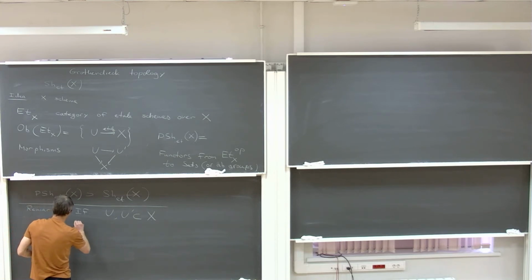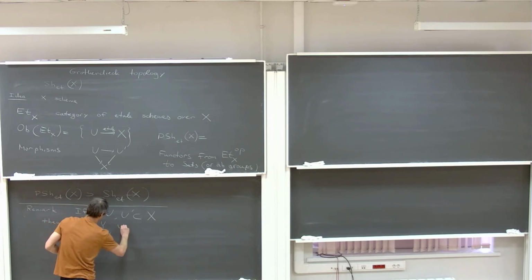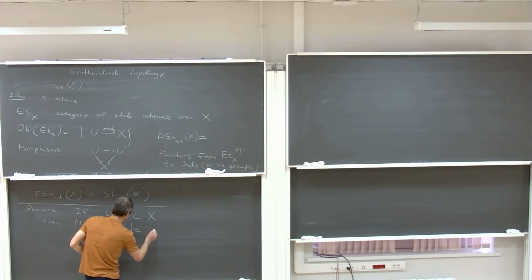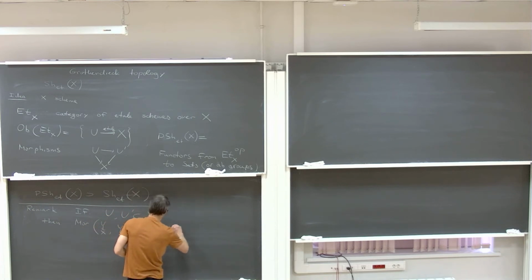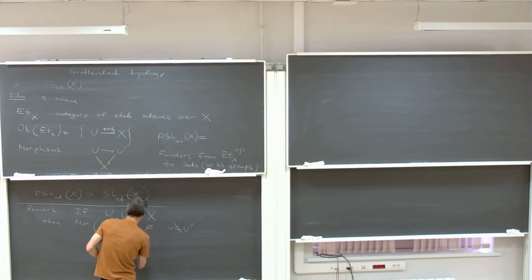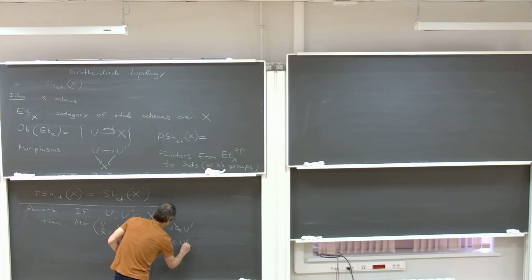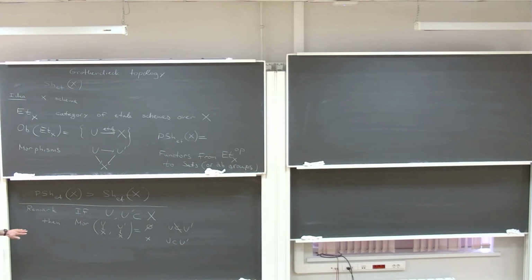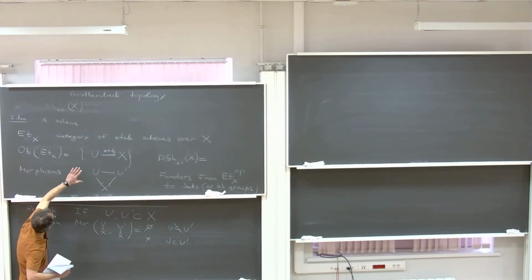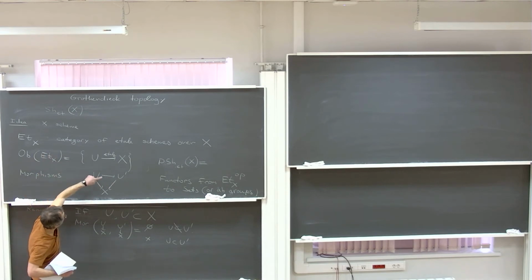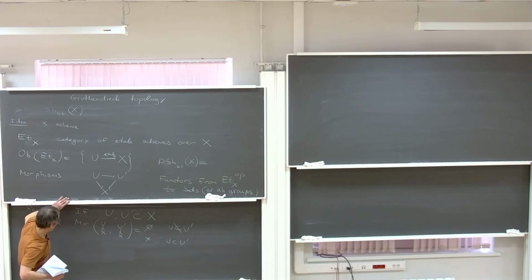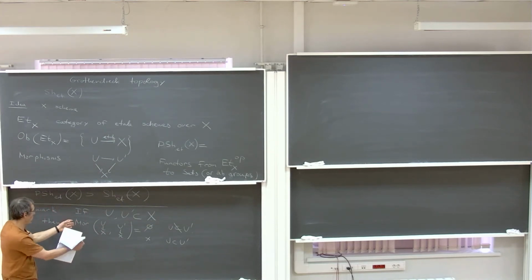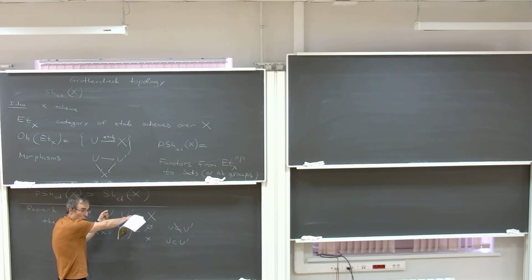Morphisms from U to X to U prime to X are either empty if U is not contained in U prime, or just one point when U is in U prime, because we want morphisms to be compatible with the map to X. So if we consider only open subsets, this category is a partially ordered set: for any two objects there exists at most one morphism.